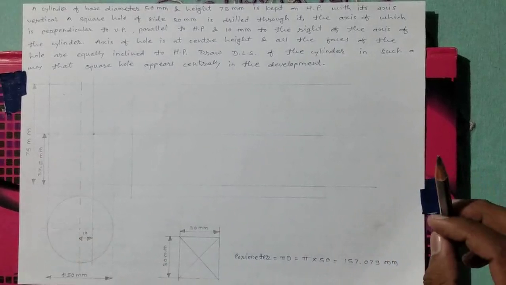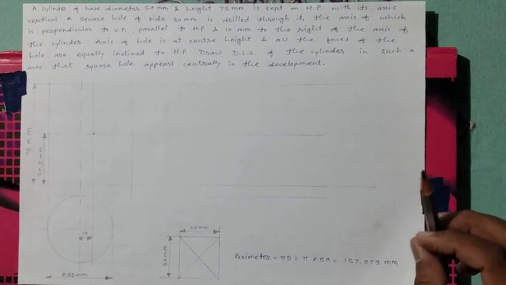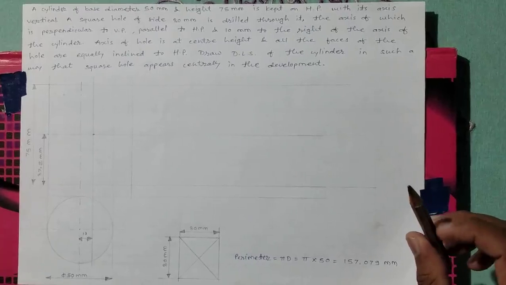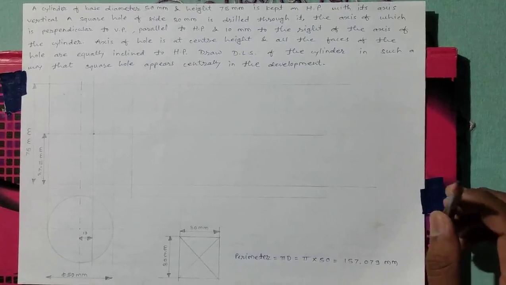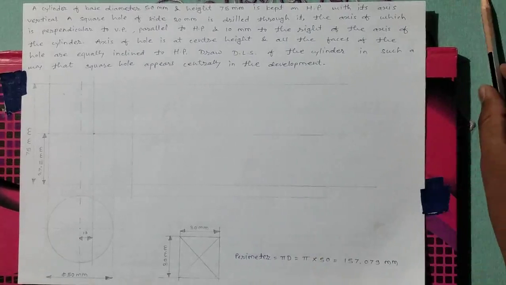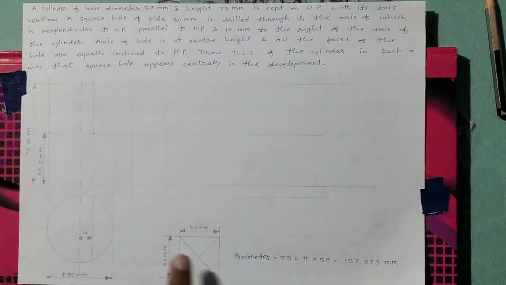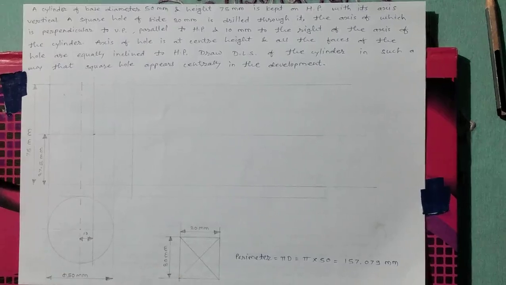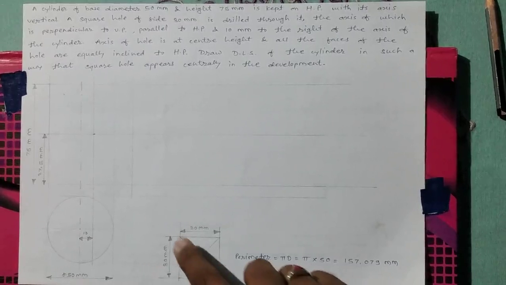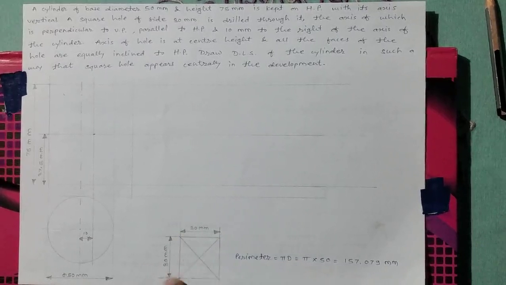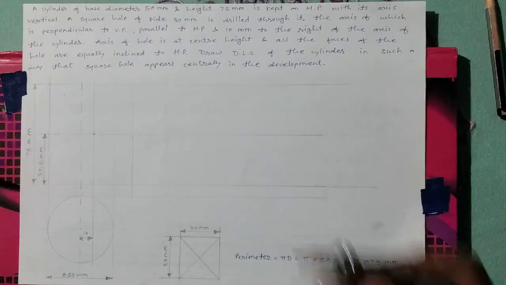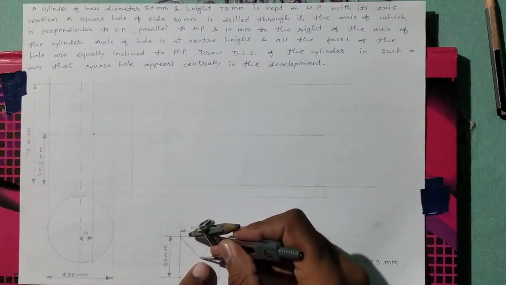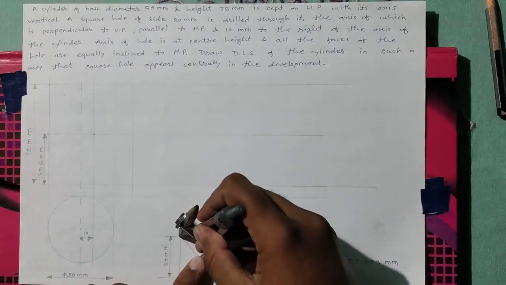Then there is the condition that the hole in this cylinder is equally inclined with horizontal plane. For drawing this condition, we have to draw a square of side 30 by 30 mm. After drawing this square, we have to join its front corners and take the distance from this center to one corner.